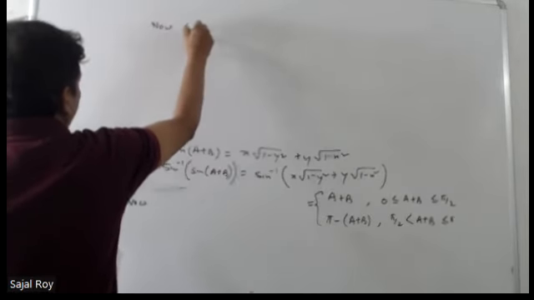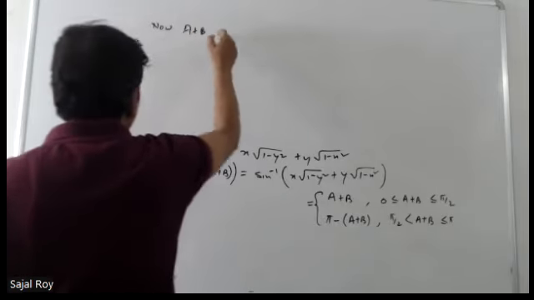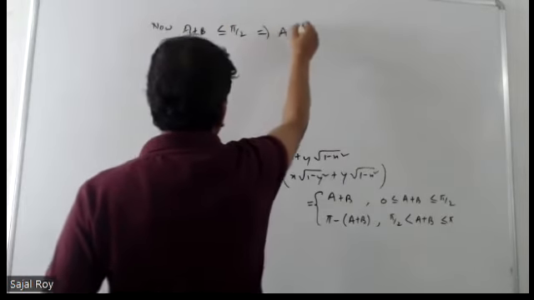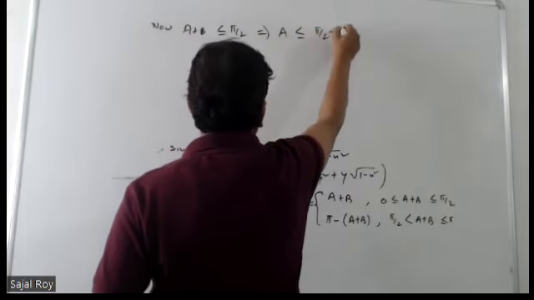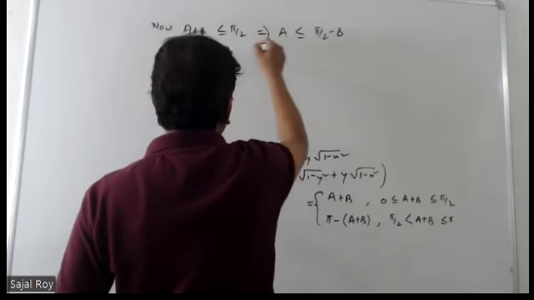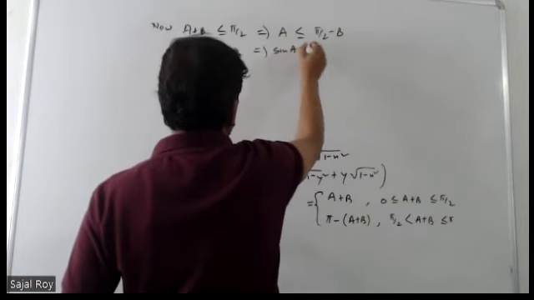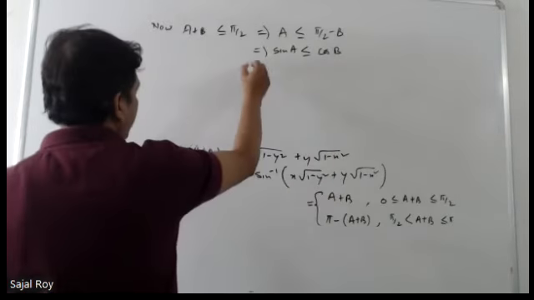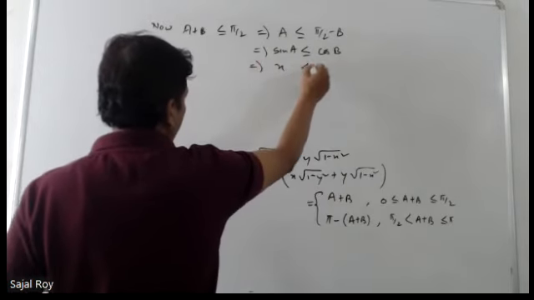Now a plus b less than or equal to pi by 2. Then you have a less than or equal to pi by 2 minus b, or you have sine a less than or equal to cos b. So sine a less than or equal to, what is your sine a? x. What is your cos b?